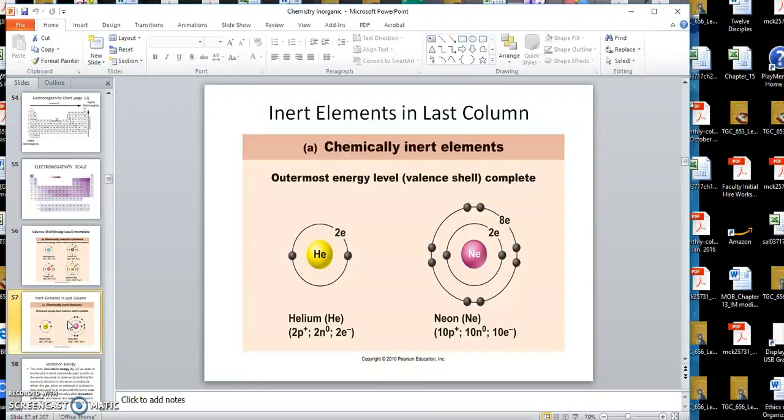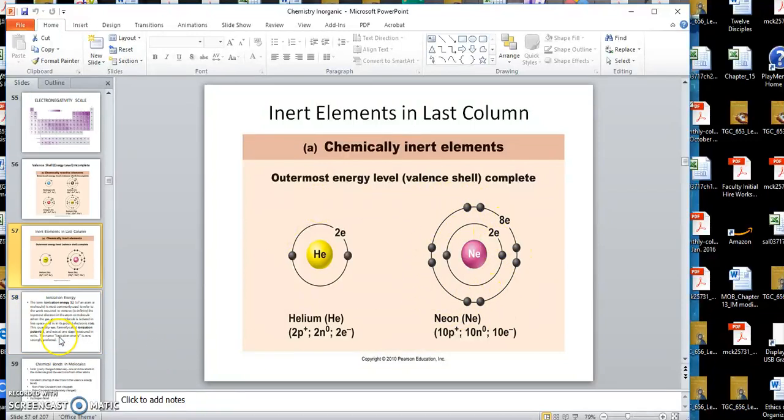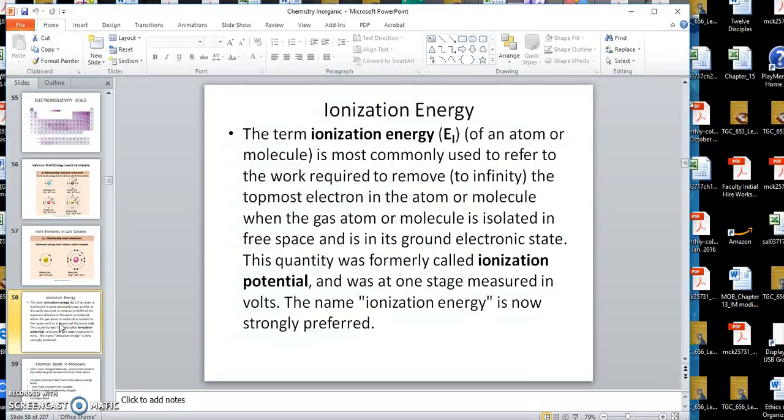The inerts, as I mentioned, already have an outer shell filled. Ionization energy, we'll say, is the energy to give up electrons. Just like electronegativity was to grab them, ionization is to give them up. But we won't get heavy into that.